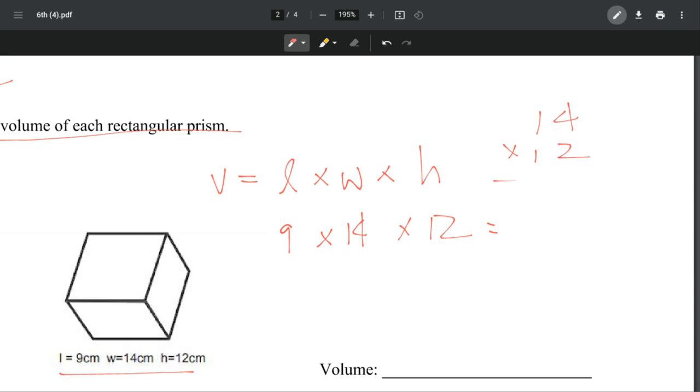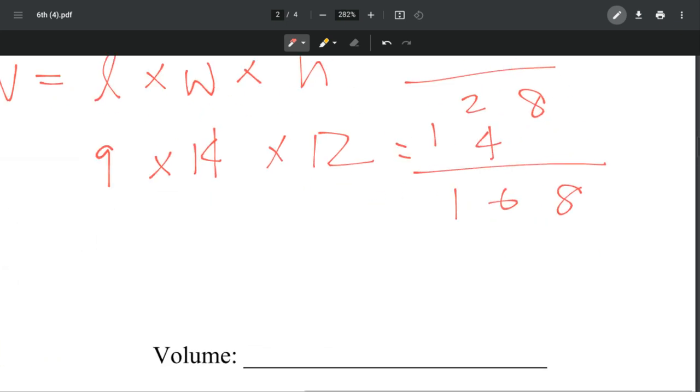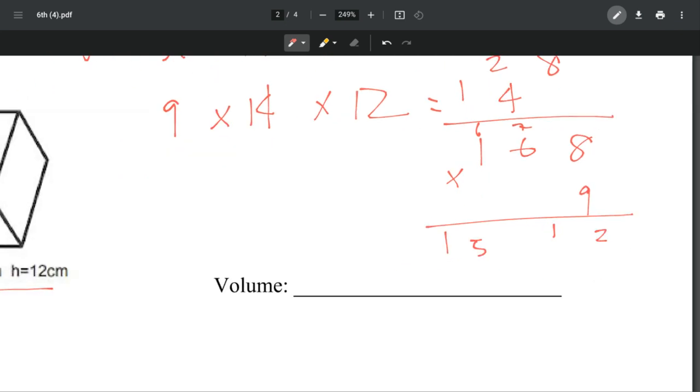14 times 12 is 168. Okay? And then we've got to multiply by 9, and that is 1512. So our final answer is 1512.